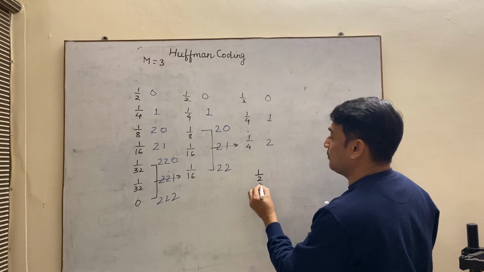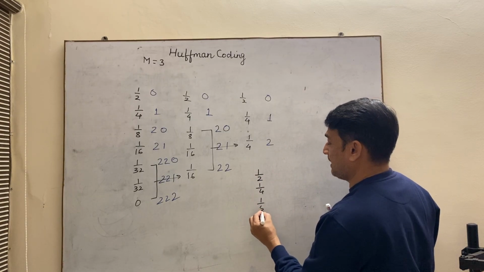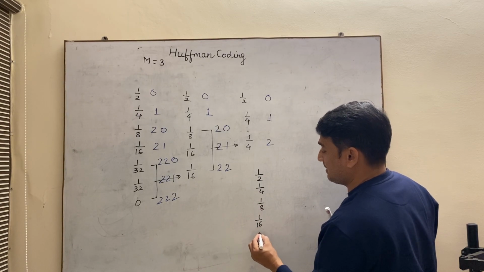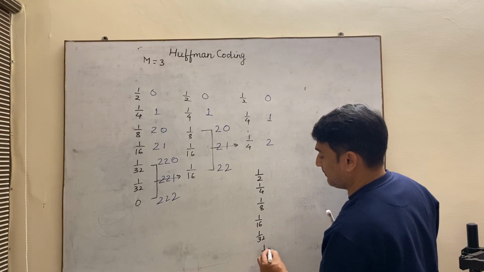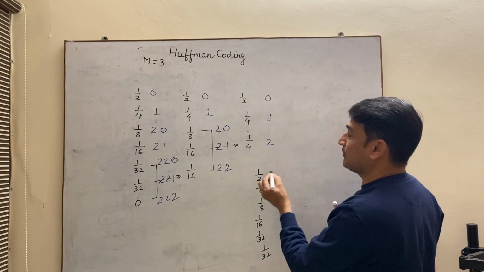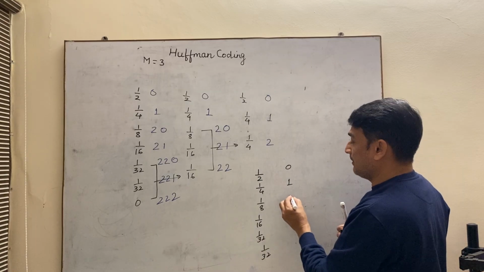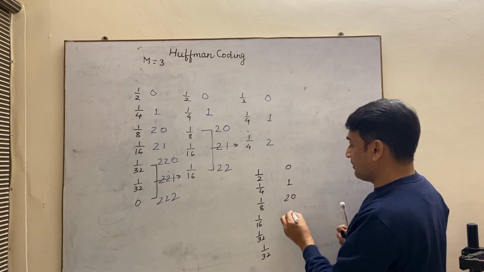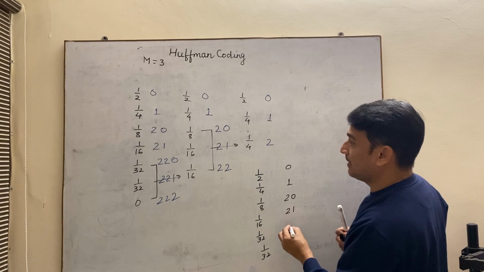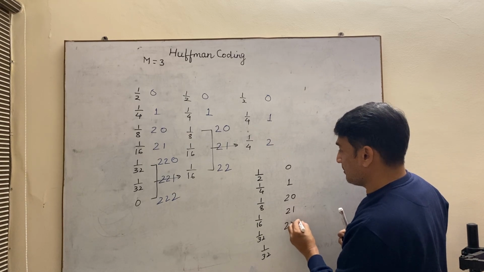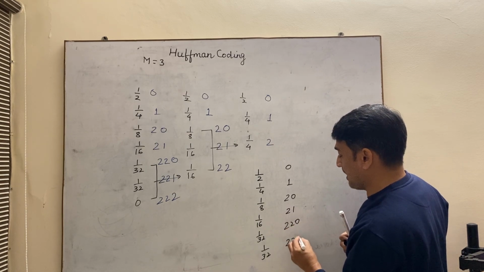This is 1/2, 1/4, 1/8, 1/16, 1/32 and 1/32. 1/2 is having code 0, 1/4 is having code 1, 1/8 has 20, 1/16 has 21, 1/32 has 220 and 221.